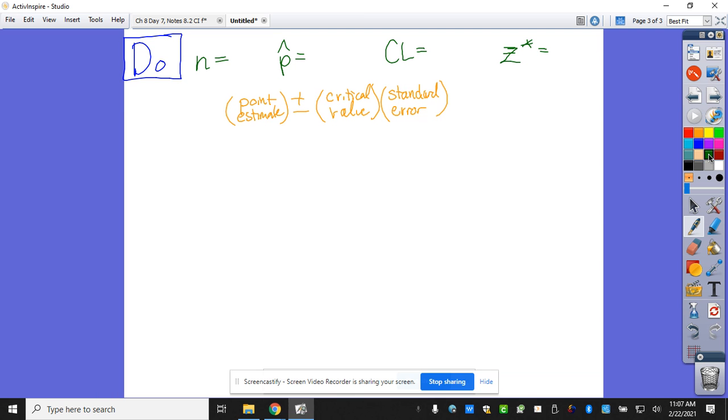Okay, so our point estimate symbol is what? Our critical value has to be Z. And what's our equation for standard error?